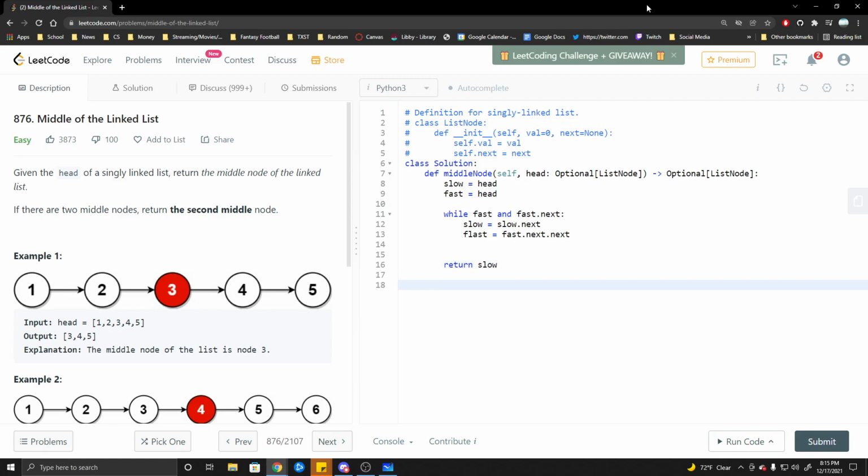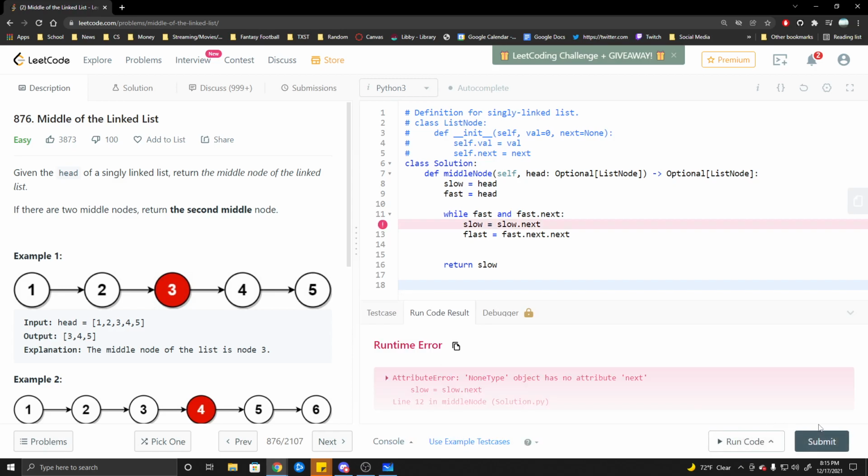Let's test it. Slow equals slow.next, fast.next.next.